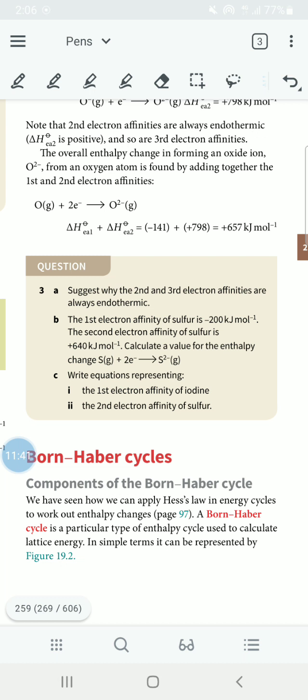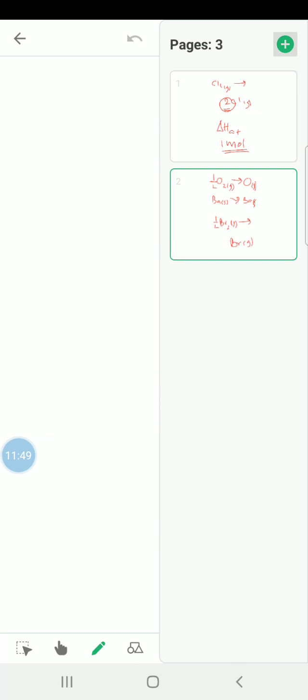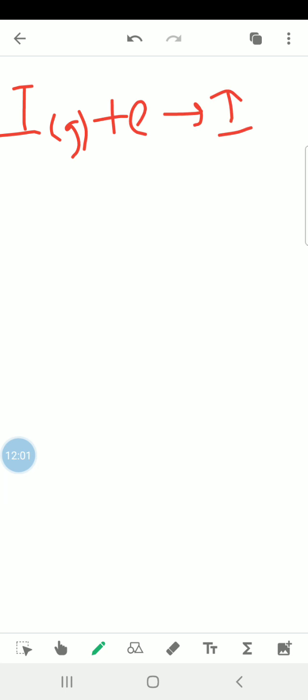Then write the equations representing the first electron affinity of iodine. That means we are starting with I gas, no charge. Then you add an electron to produce I− gas.